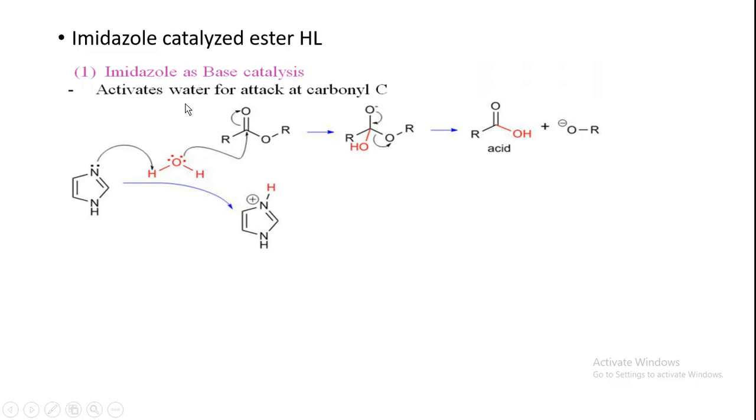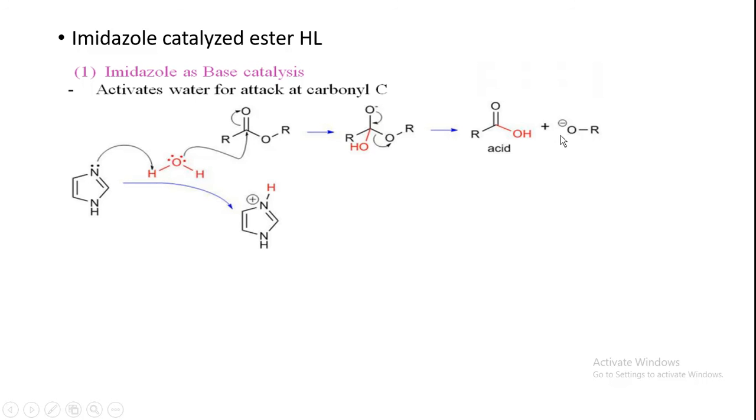It activates water for attack at the carbonyl carbon. So this is our imidazole and it is acting as a base. It will abstract a proton from the water and activate OH. Then OH will attack the carbonyl carbon and the reaction will take place to give acid.